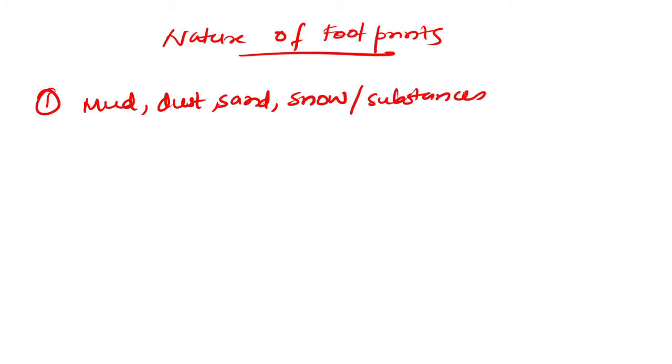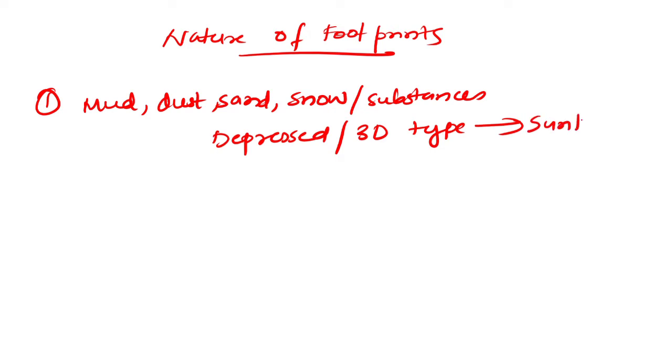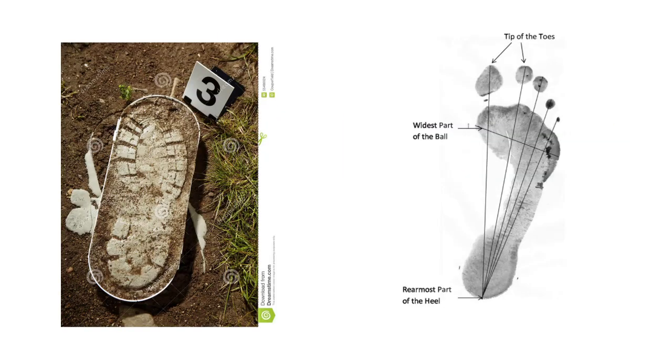Such impressions will be depressed or three-dimensional type. These depressed or three-dimensional type of footwear impressions are called sunken foot impressions. So here you can see a sunken foot impression.